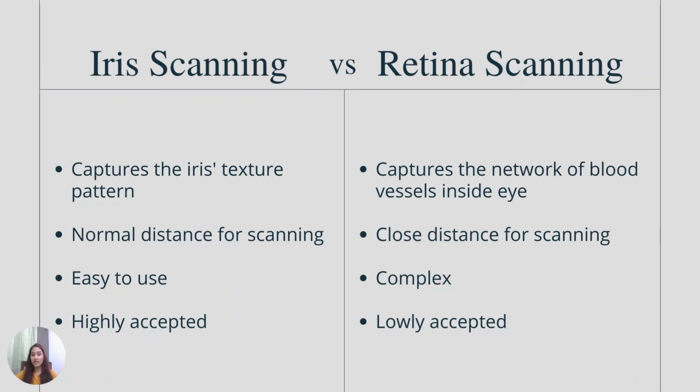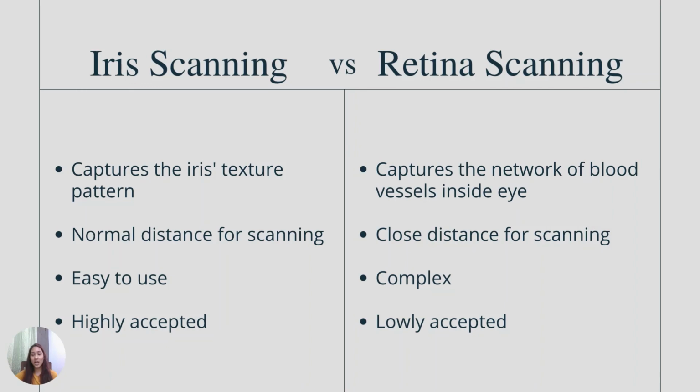Similar to irises, retina differs in identical twins due to the complex network of blood vessels. The retinal pattern may change due to diseases such as diabetes or glaucoma. However, in other cases, the retina, as a rule, remains unchanged from the moment of birth until death.